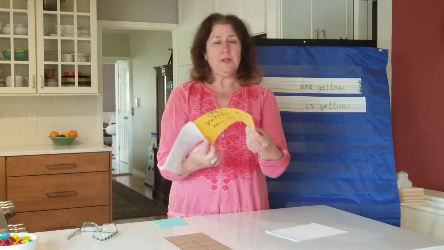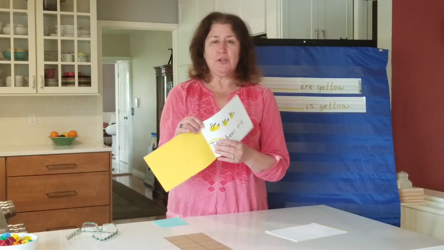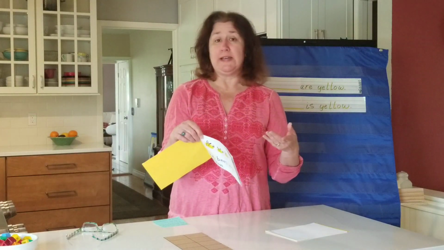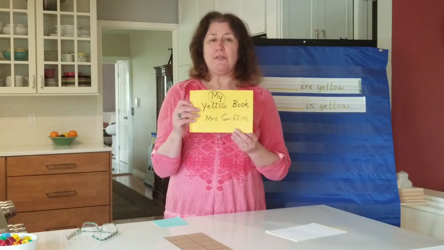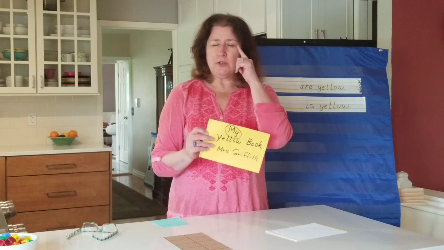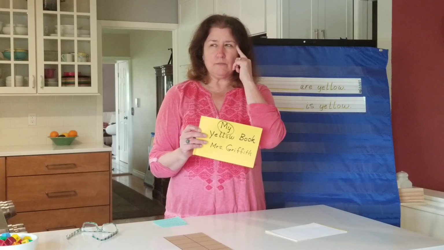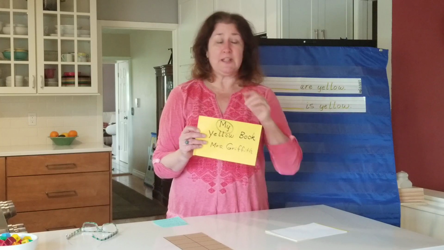If you don't have a yellow piece of paper at your house, it's okay. You could just have a white cover, or you don't even need any cover at all. But in this book, I'm going to be writing about things that are yellow. So start doing a brainstorm, thinking through what are some things in the world that you see that are yellow.